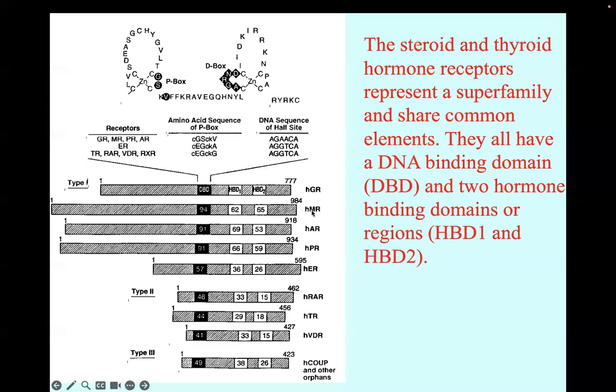Then the mineralocorticoid, aldosterone, the androgen receptor, which is testosterone, the progesterone receptor, the estrogen receptor, the retinoic acid receptor, the thyroid hormone receptor. This also arose by the same gene duplication mechanism. There's also the vitamin D receptor.